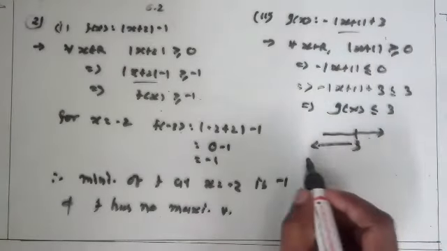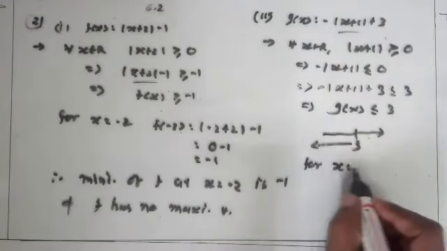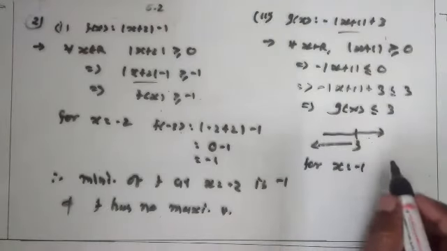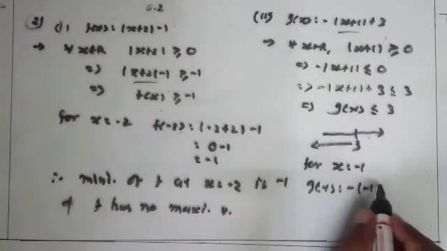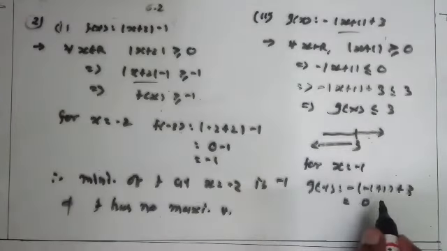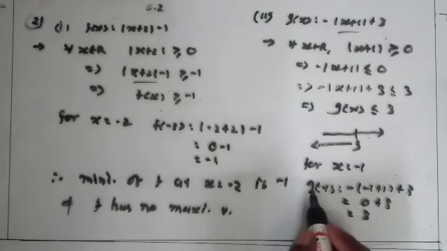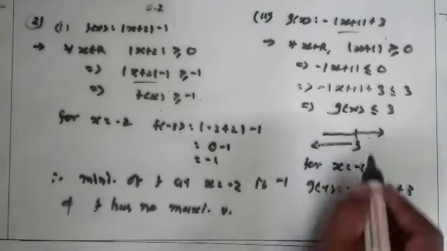For x = -1, think for which value of x this becomes 0. So for x = -1, g(-1) = -|-1 + 1| + 3 = 0 + 3, that is 3. That means the value of g at -1 becomes 3, and this is the maximum value.